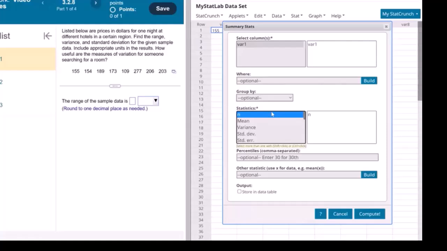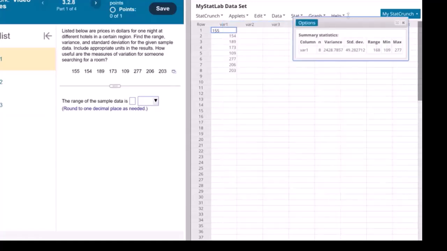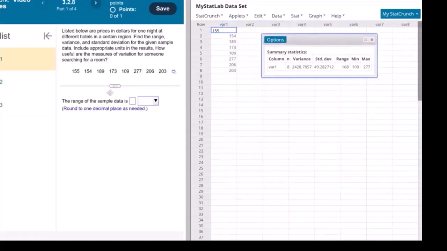When I do the first number, I don't. Then as I want to add more and more variables, I hold the control key down, and then more than one will go in. Standard deviation, and we want the range. And let's do min and max so we can see how the range is being calculated. Let's compute. And now I have all my information.